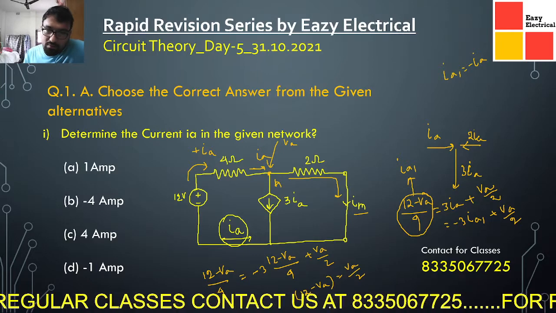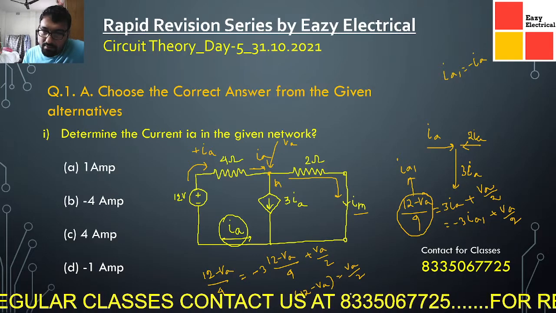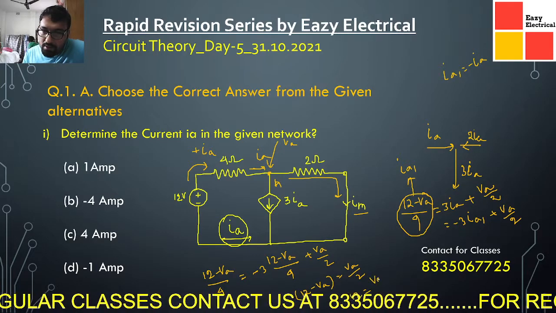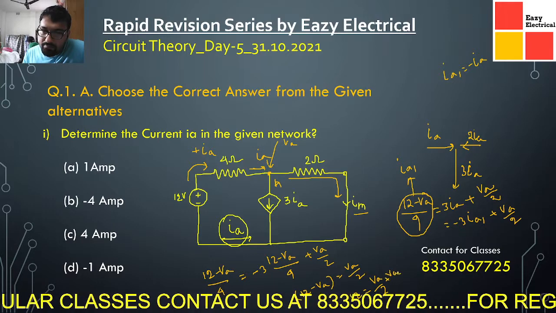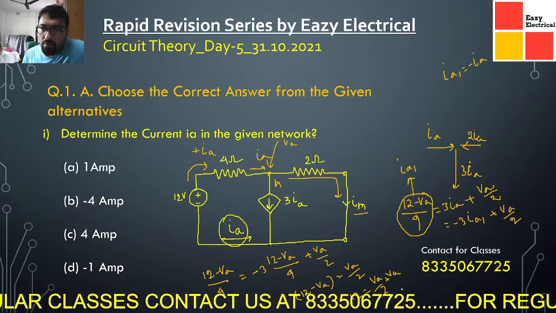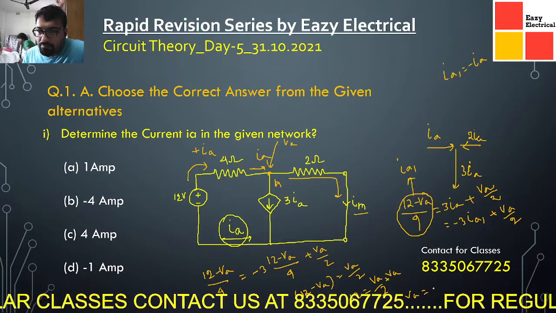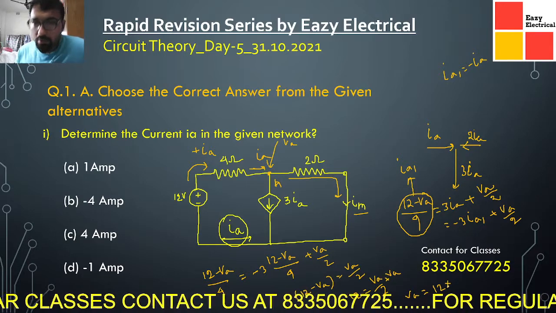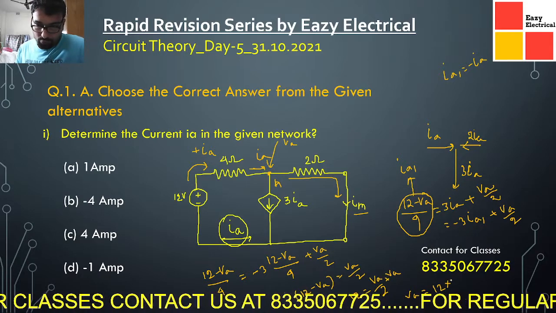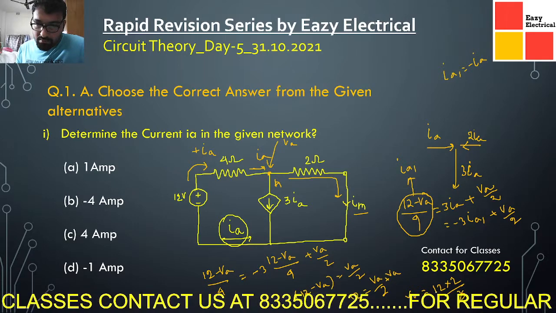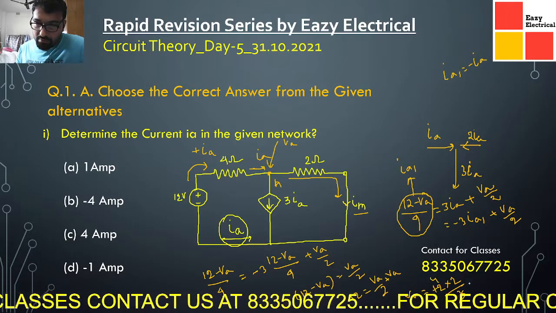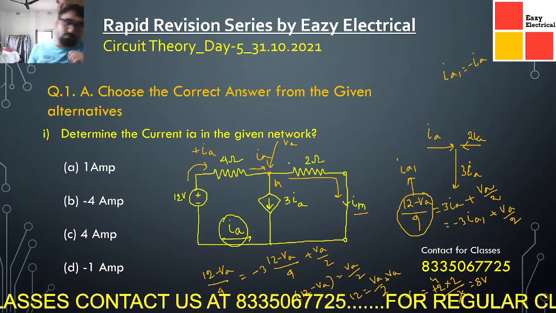Now if you take in this direction, it will come out to be 12 equals VA by 2 plus VA, that is 3 by 2 VA, or VA is equals to 12 into 2 divided by 3, that means 8 volts. 8 volts is coming as the value of VA.